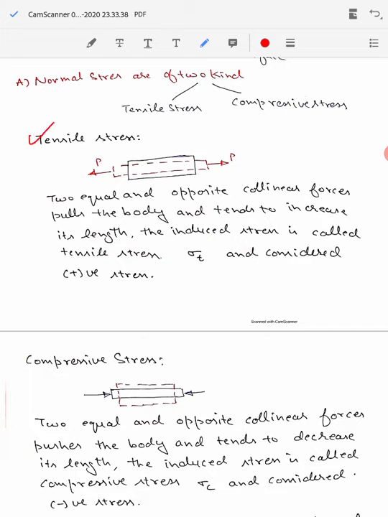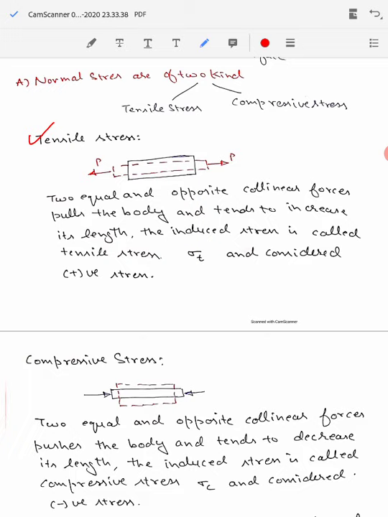Like in this figure you can see that the component is subjected to two opposite forces of magnitude P which are applied axially, and these forces are trying to pull the body such that they increase its length. Such stresses induced in this component will be termed as tensile stress.